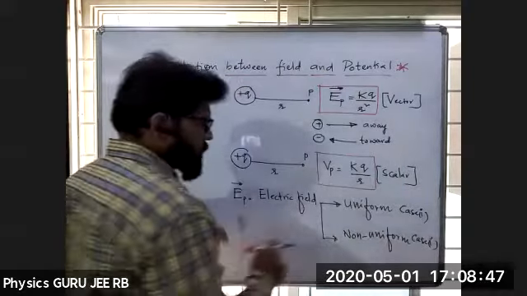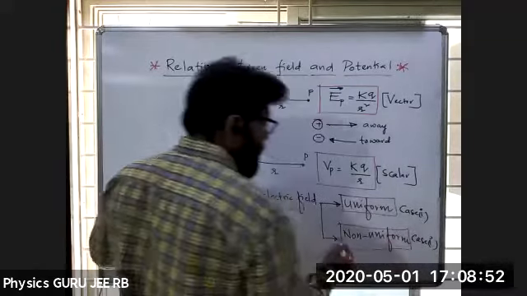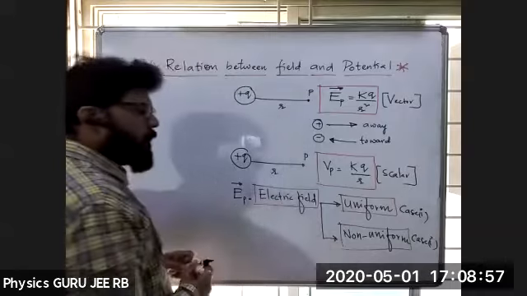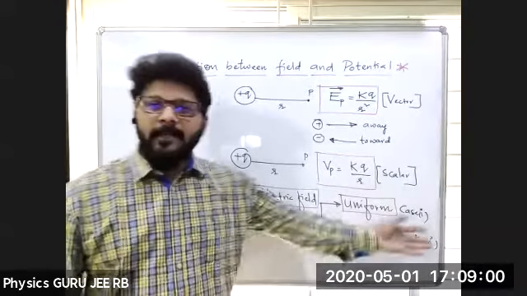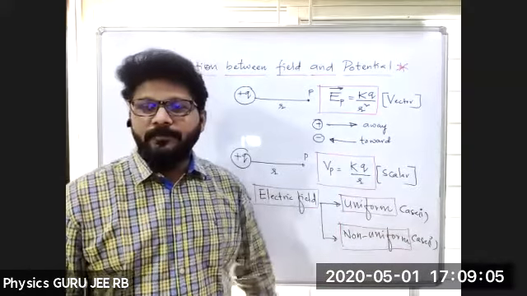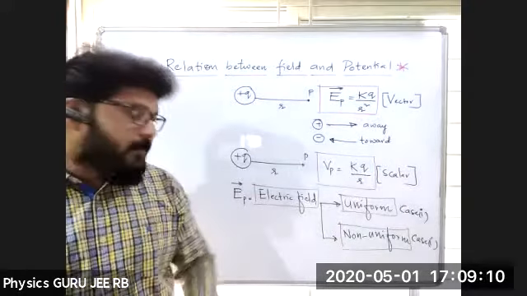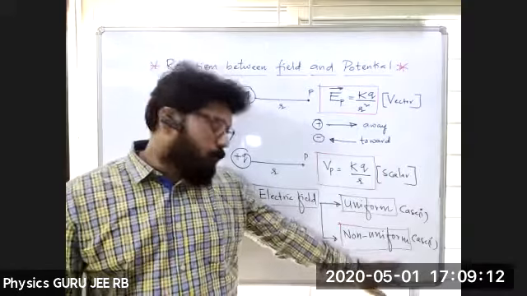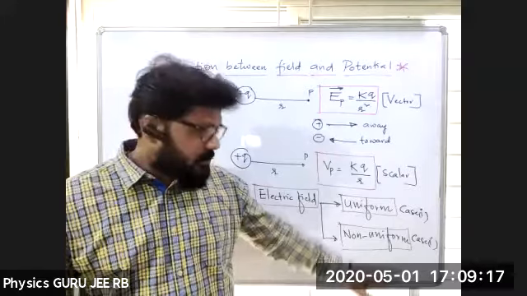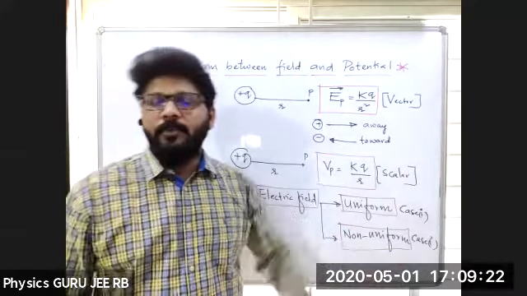Case one or case two. यूनिफॉर्म क्या है, केस 1, नॉन यूनिफॉर्म क्या है, केस 2, राइट। If electric field is uniform, case 1. If electric field is non-uniform, case 2. Case 1 is applicable only for uniform, case 2 is applicable for both non-uniform and uniform also. Okay, that's the reason most of the questions asked on IIT JEE in non-uniform.